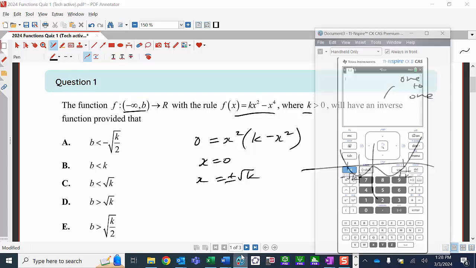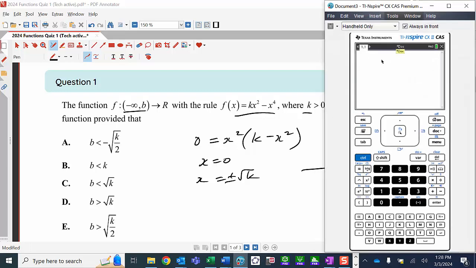So to do it, I would slam this one out on the calculator. I'm going to say define f of x equals k times x squared, take away x to the 4. Then what I'll do is get the derivative of that, so shift minus d dx f of x.